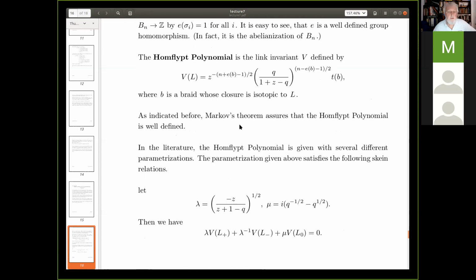That works because this takes into account the rise you get from the second Markov move.